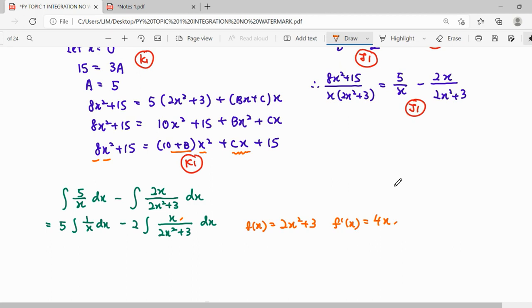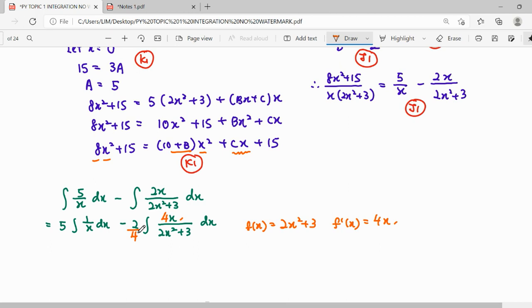Just this is x, this is 4x. So what we need is 4x. Here it is only x. What we can do is multiply in our coefficient of 4, then divide back by 4. So our question still remains the same, but we have that pattern, f prime x at the numerator part.